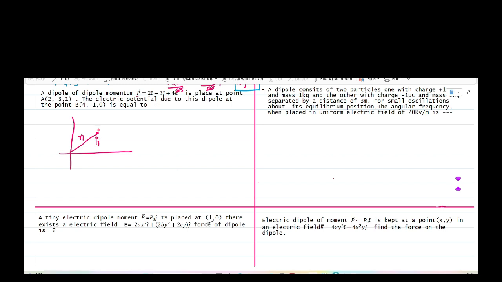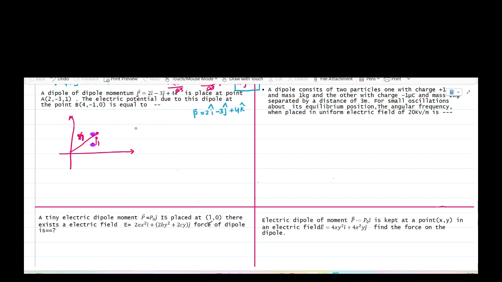I don't know the orientation, how it will be oriented, because it is 3-dimensional space, X, Y, Z. At point 2, minus 3 and 4. By taking a cube, we can represent that dipole, but no need here. So at point P1 at distance R1 from the origin there is a dipole. So P bar is equal to 2i cap minus 3j cap plus 4k cap.